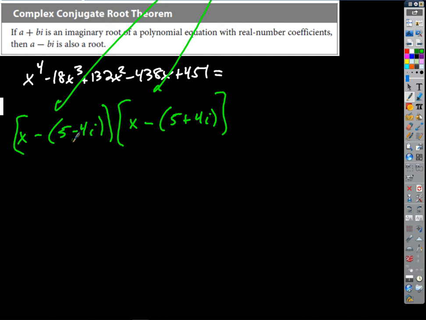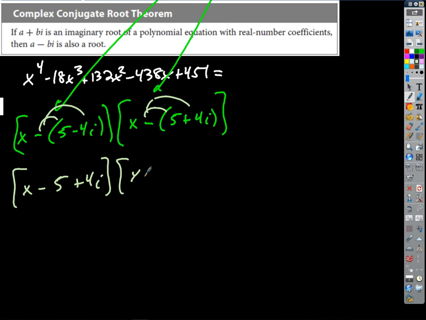So there's two steps. This is going to be kind of the middle step. If I distribute the negative, I get x minus 5 plus 4i. If I distribute the negative here, I get x minus 5 minus 4i. Can I regroup those in a way so they look like a conjugate pair? Because conjugate pairs are very easy to multiply. Remember the trick with conjugate pairs.